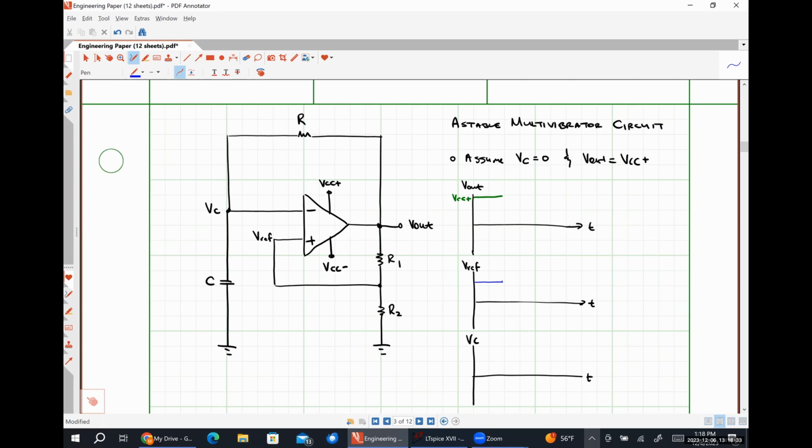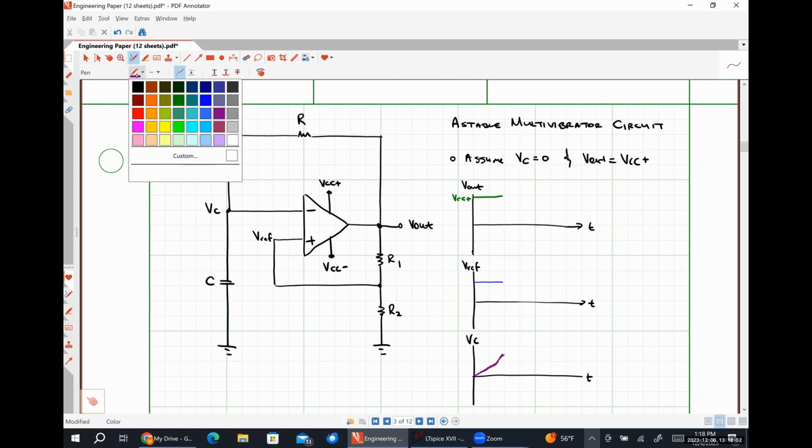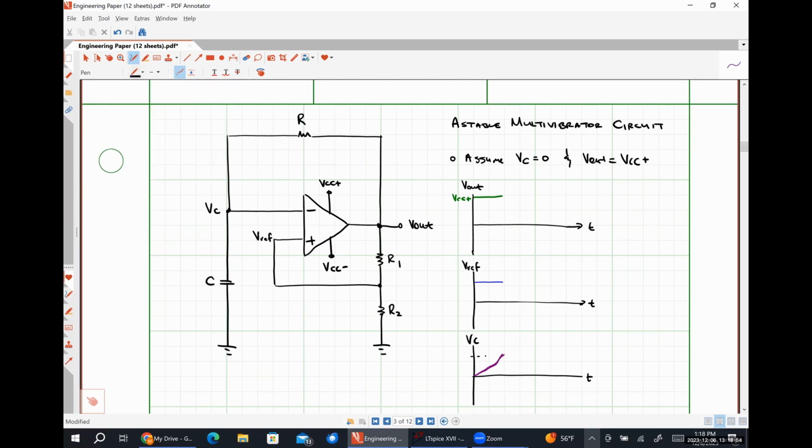It's just smaller because of our voltage divider circuit. And then our capacitor voltage is starting from 0, and it's going to gradually increase until it hits the reference.